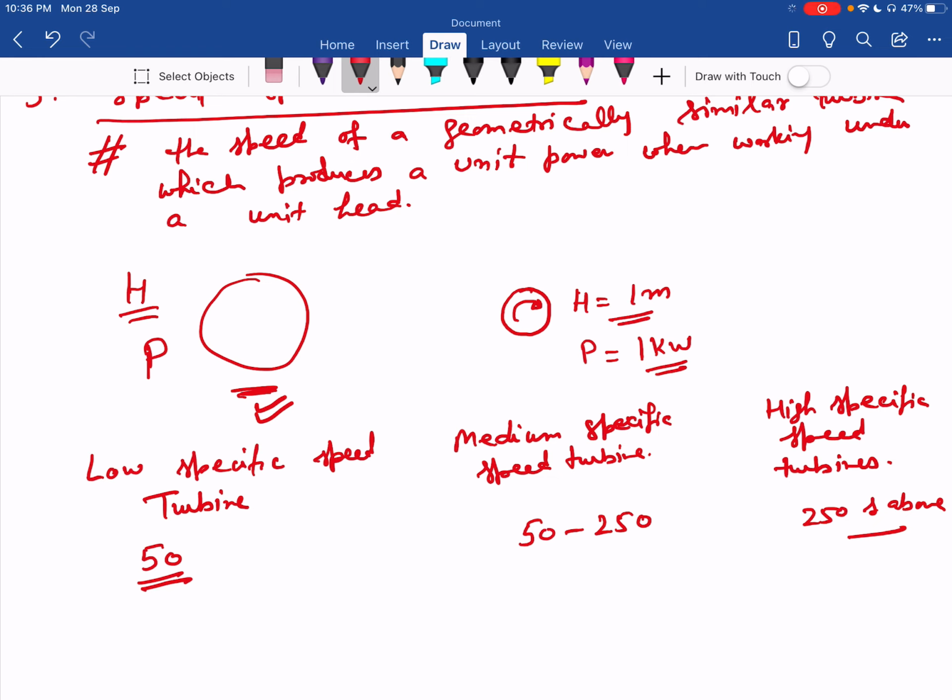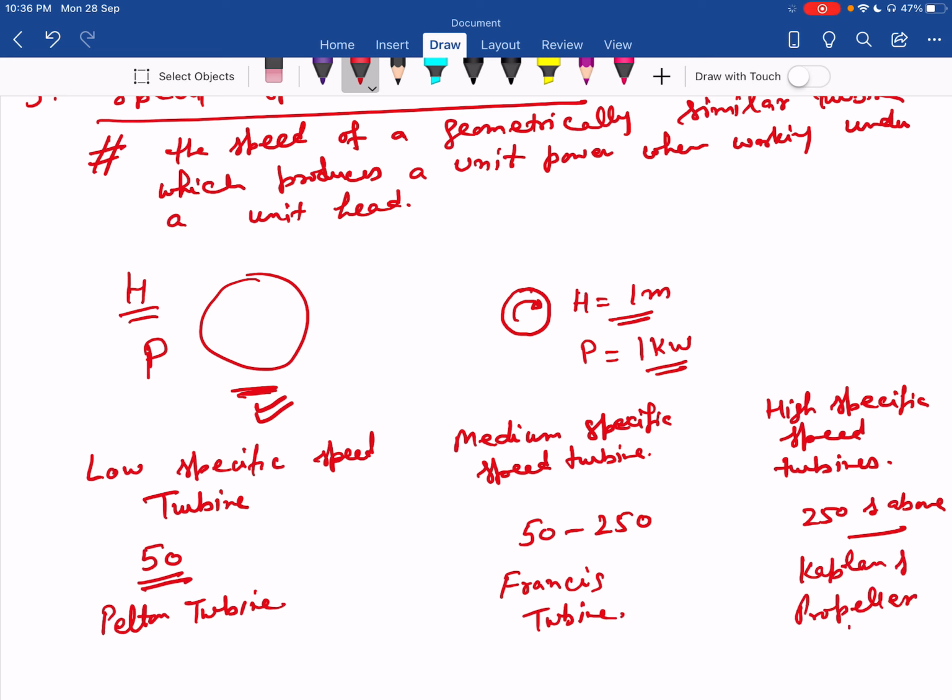The examples are, this is Pelton turbine, this is for Francis, and this is for Kaplan and propeller turbine.